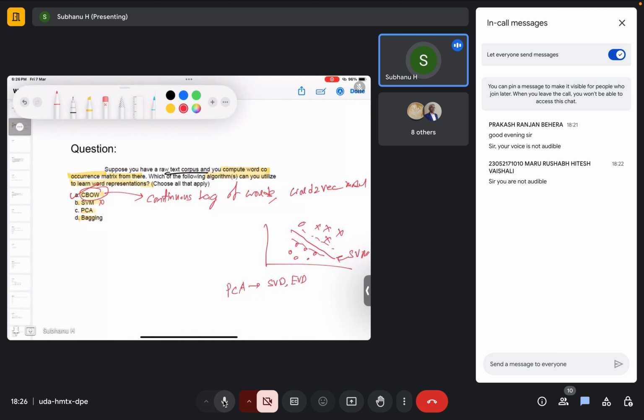So PCA can be used here. And bagging is an ensemble learning method used to improve model robustness, and it is not used for learning word embeddings. So CBOW and PCA are the answers.